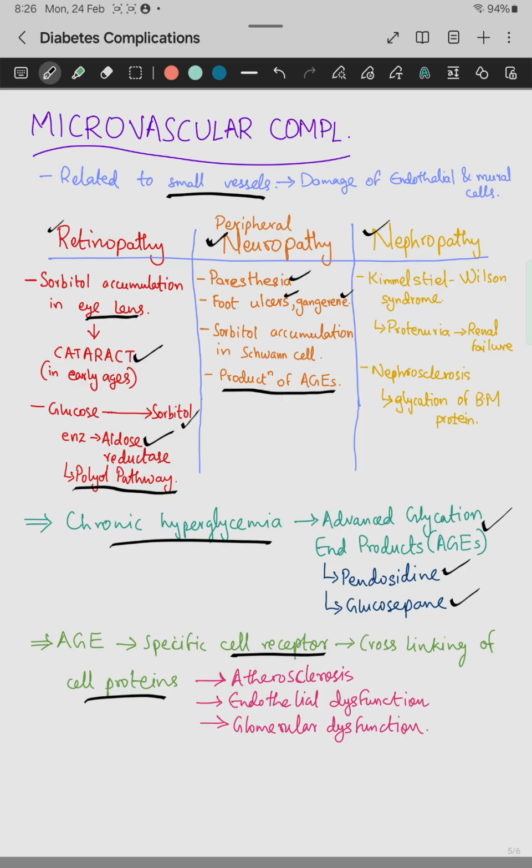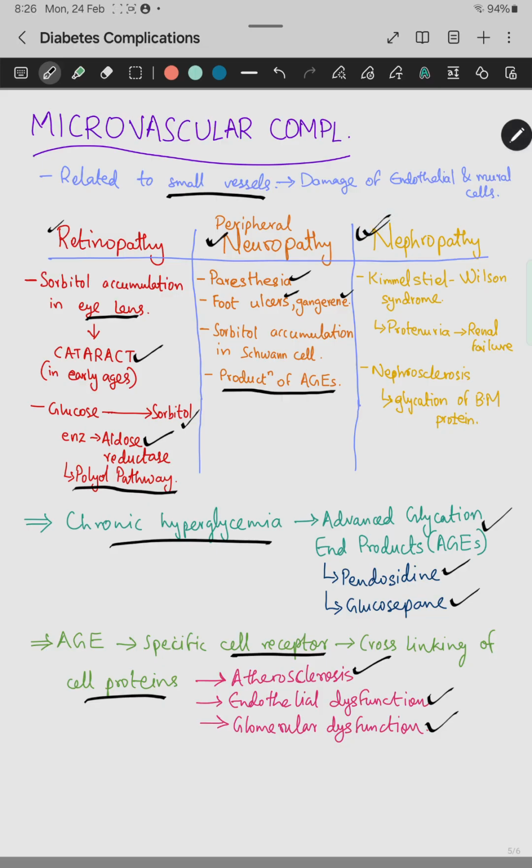This cross-linking results in atherosclerosis, endothelial dysfunction, and glomerular dysfunction. So this is about advanced glycation end products.